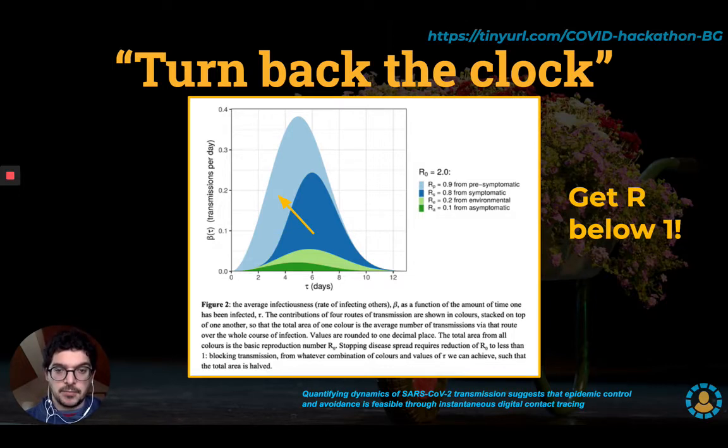Remember, on average, each person will infect one person after having symptoms. It's clear they should immediately isolate then, but they would also, on average, infect one person before having symptoms. So once you have symptoms, let's isolate you, but also try to find the person, the average person you might have infected. And so this is turning back the clock.